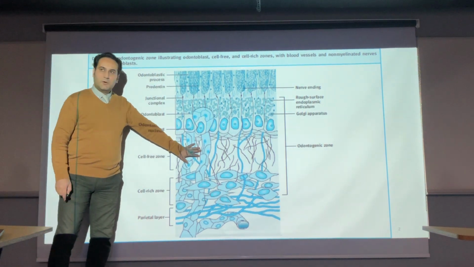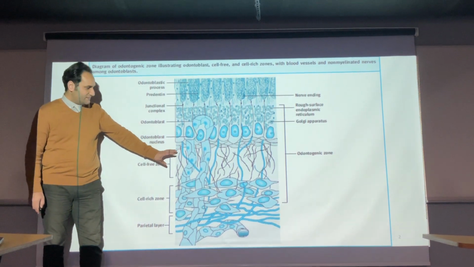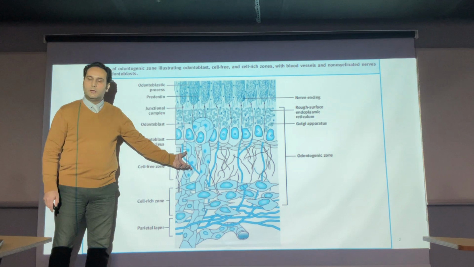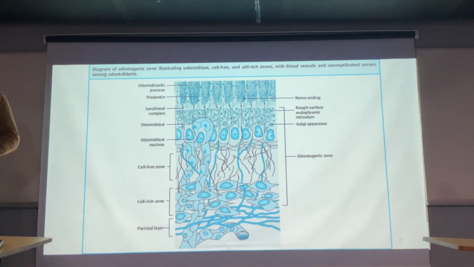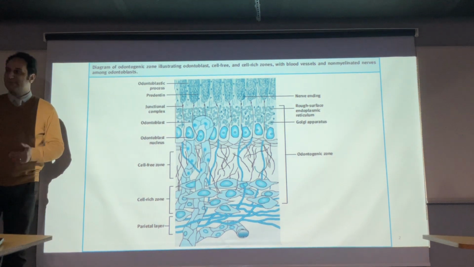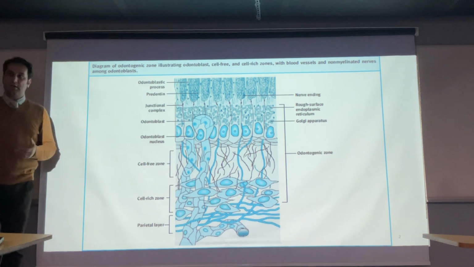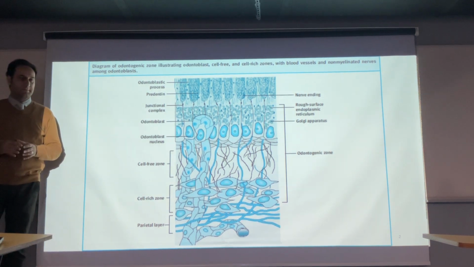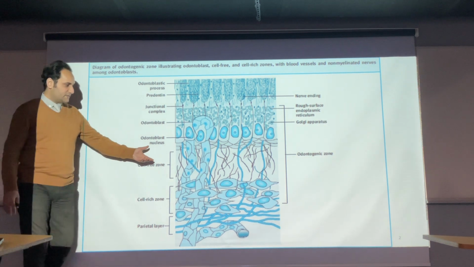In all types of teeth, or in all sections of a tooth, you can't see the cell-free zone. The cell-free zone's location depends on the stage of dentin development. In the adult tooth, and in a tooth without any growing, we can see this space.